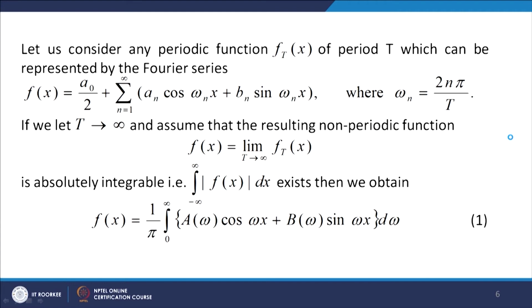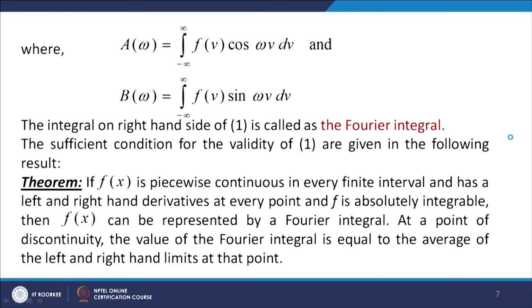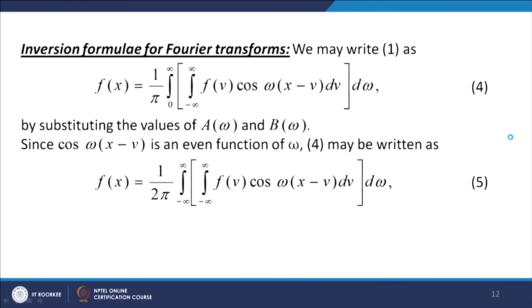So, using cos a cos b plus sin a sin b equal to cos(a minus b), we have this expression: 1 over pi integral from 0 to infinity, integral from minus infinity to infinity f(b) cos omega(x minus b) db d omega.